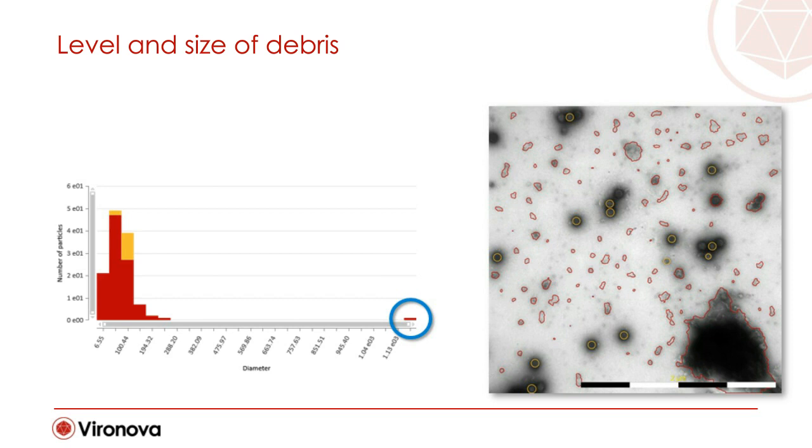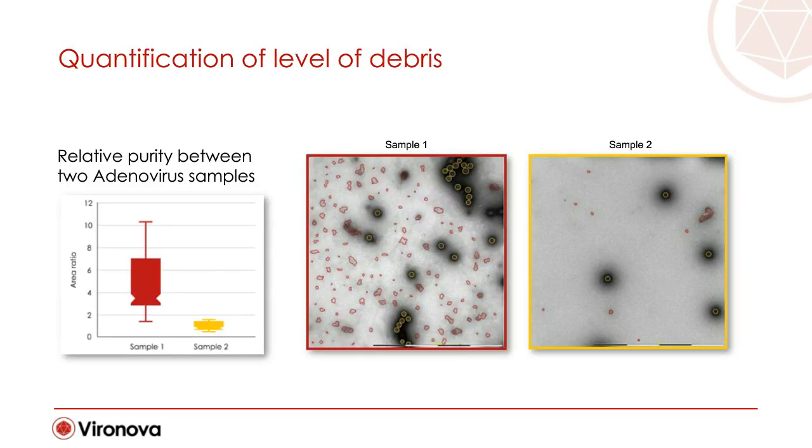Also, when having registered the primary analyte and other unwanted structural appearances, we can aggregate the information even more to provide a metric of purity. On this slide, we see on the left the area ratio between debris and the primary particle, in this case adenoviruses, for two different samples.